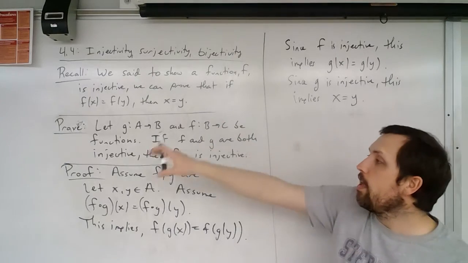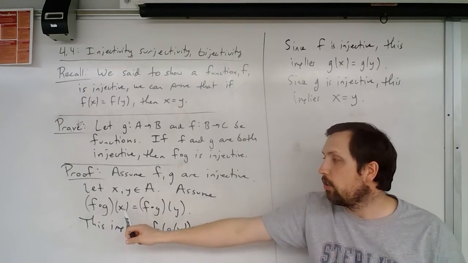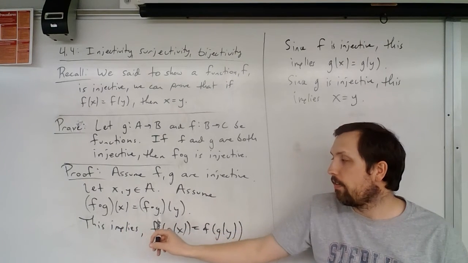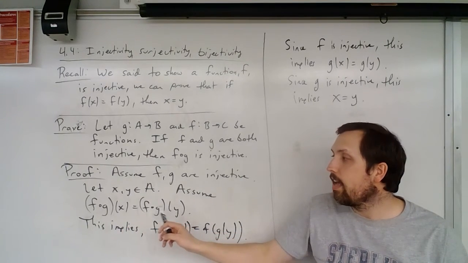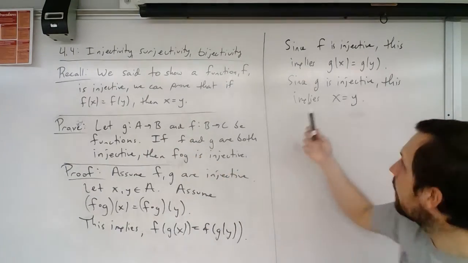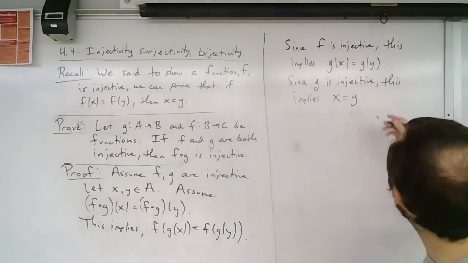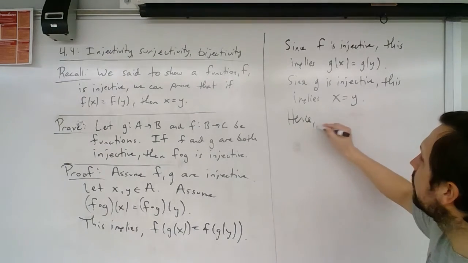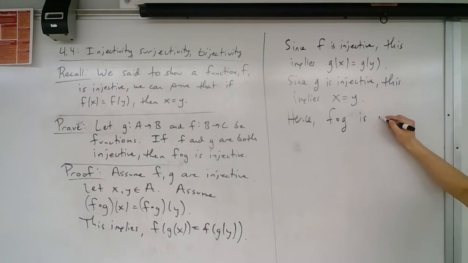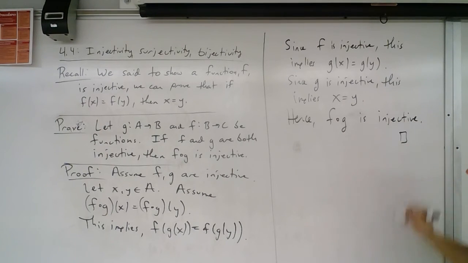We were trying to show that if this composition f and g of x is equal to the composition of f and g of y, then that implies x is equal to y. Well, that's exactly what we have just shown. So hence, f composed with g is injective. And that concludes our proof.